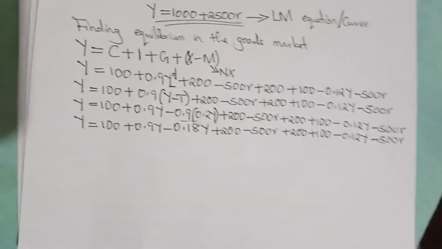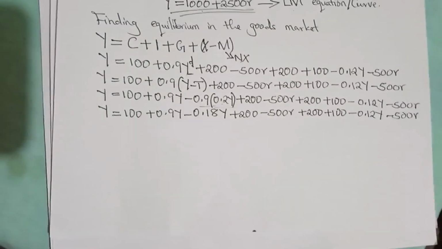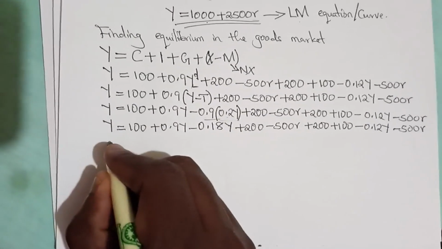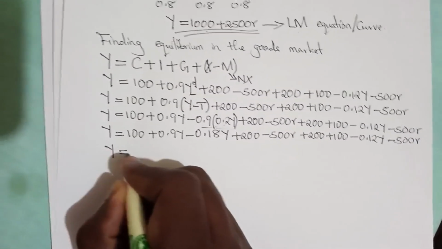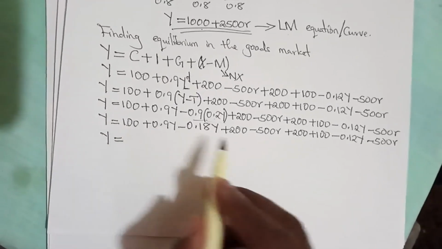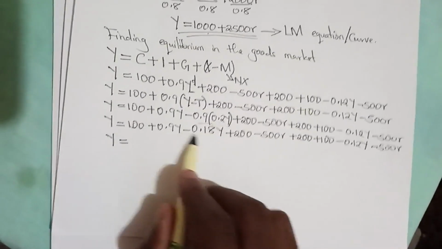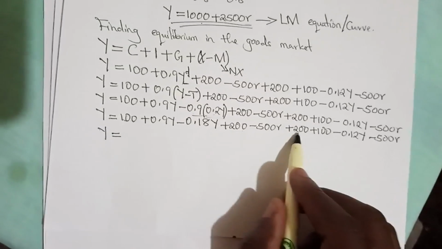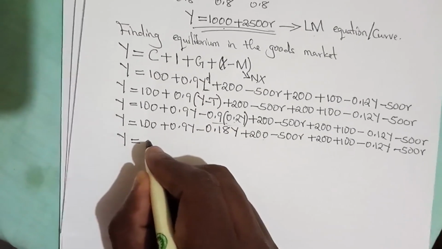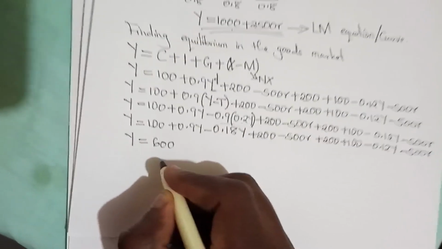At this stage, we are going to collect the like terms together, so that we can have Y equals to, when you collect the like terms together, you collect this plus this plus this plus this, you will get 600.